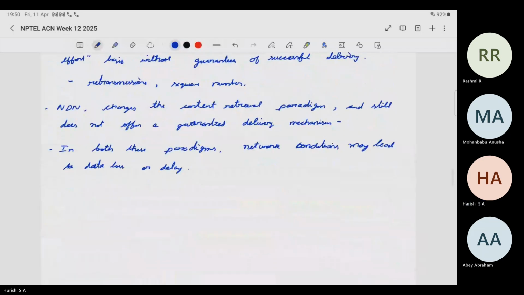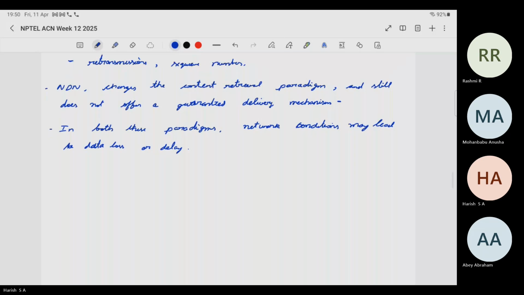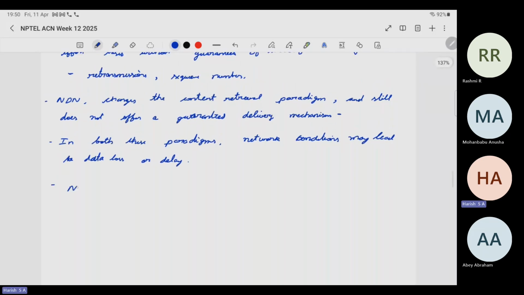And so NDN basically introduces new mechanisms, right? And what are these? These could be what we discussed just before, which is content caching, or network data retrieval.